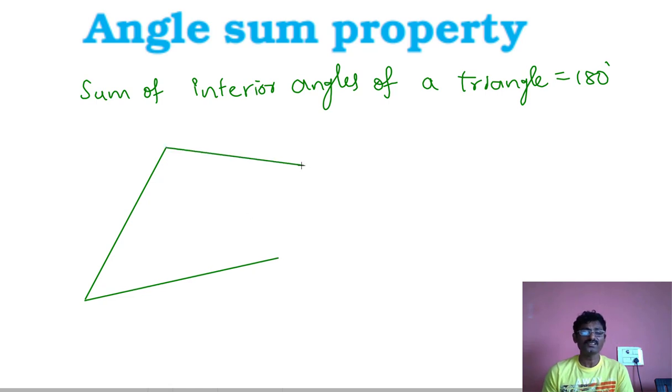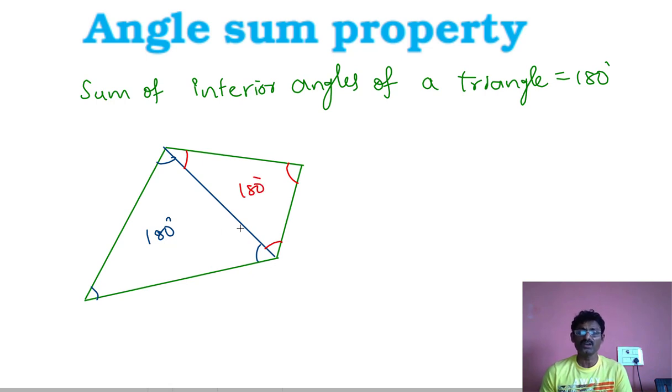What is the sum of angles in this one? To do this, we can break this into two triangles like this. In each triangle, the sum of the three angles is 180 degrees. In the other triangle also, the sum of these three angles is 180 degrees. If you take the total angles, that will be 180 degrees plus 180 degrees, which is equal to 2 times 180 degrees.